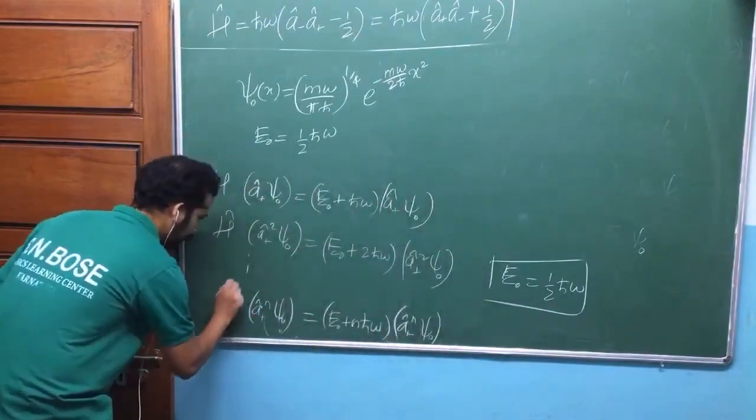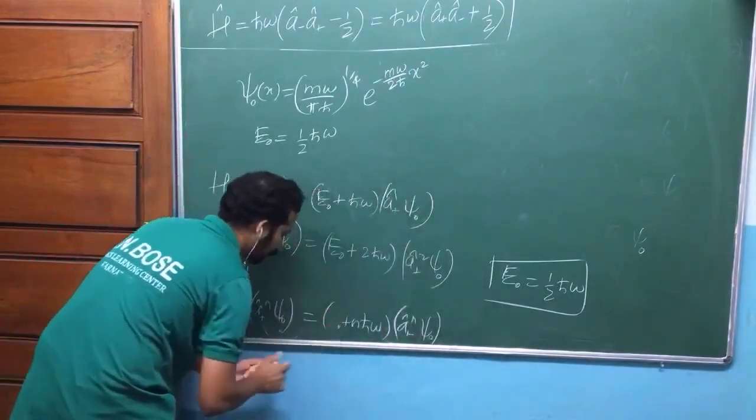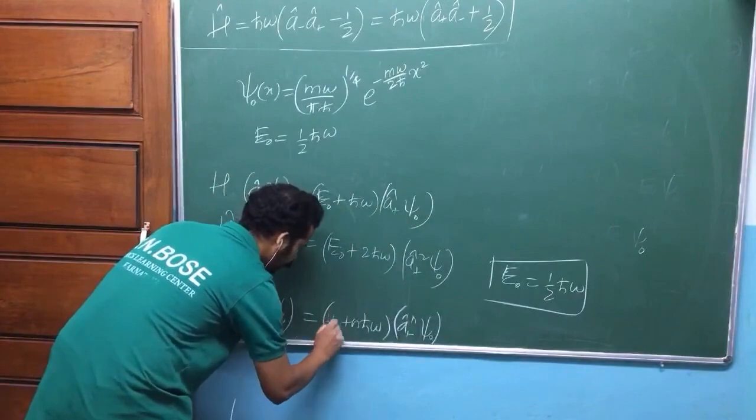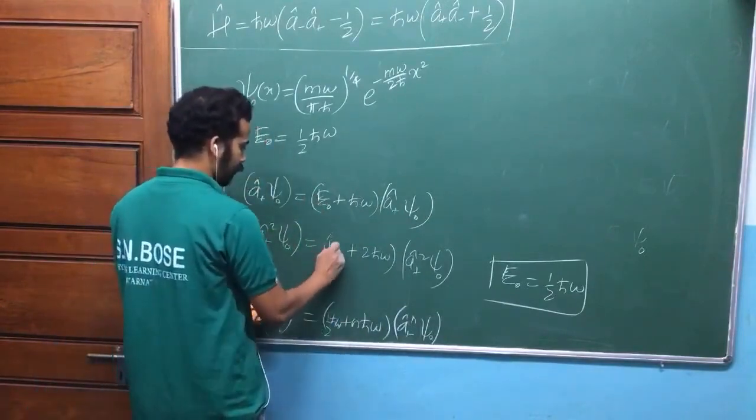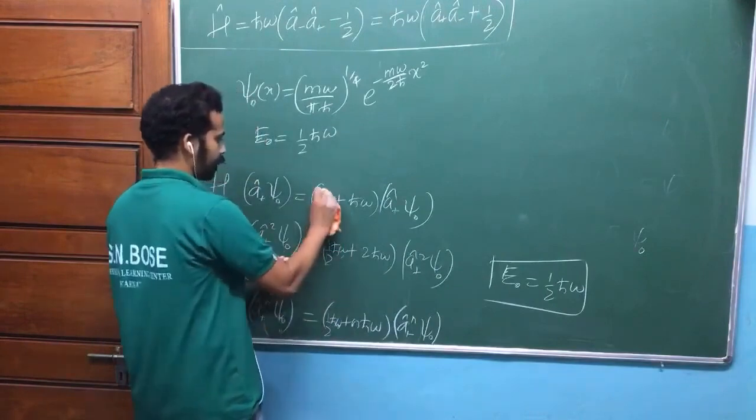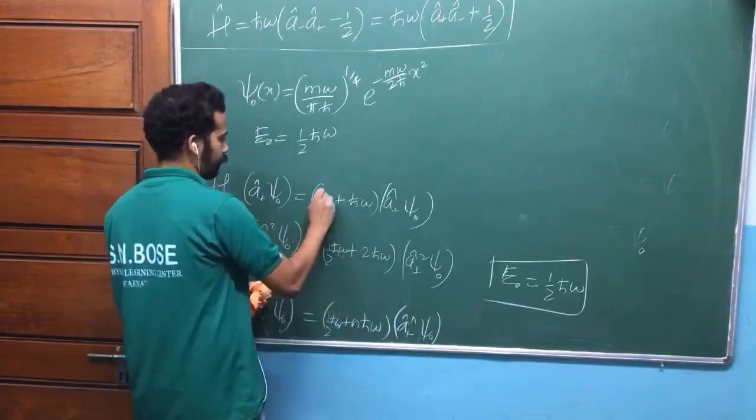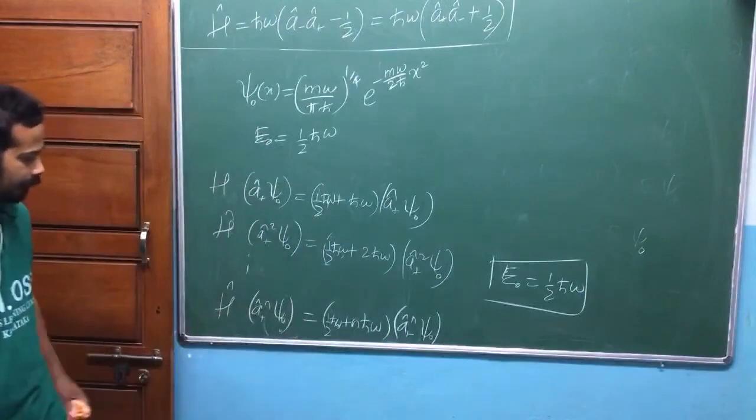Okay. What is this E naught? Half h bar omega. Isn't it?